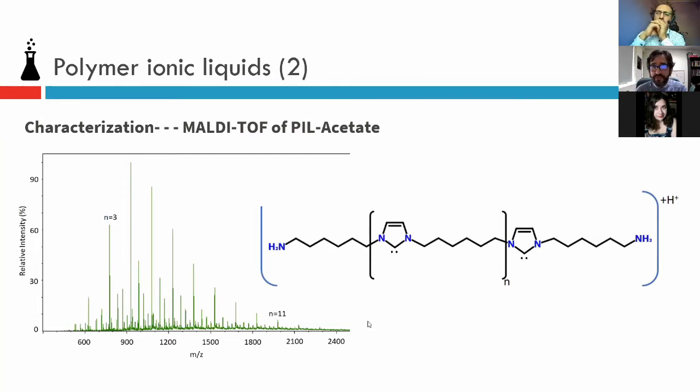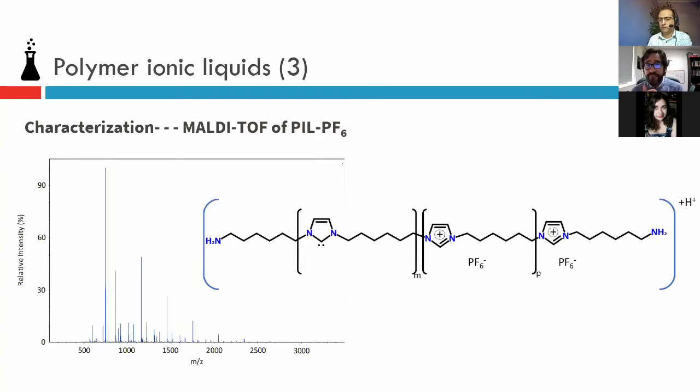We have observed that the acetate takes a proton from the imidazolium ring, creating a carbene, and this is the type of ions that we are observing. The polymerization degree varies between 3 and 11, so the chains are not too large. Anyway, we are working to know if not observing larger units is due to the technique that we are using. This is something we are working on right now.